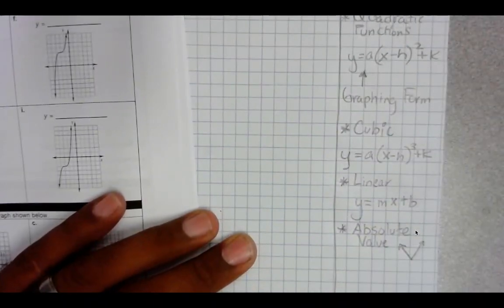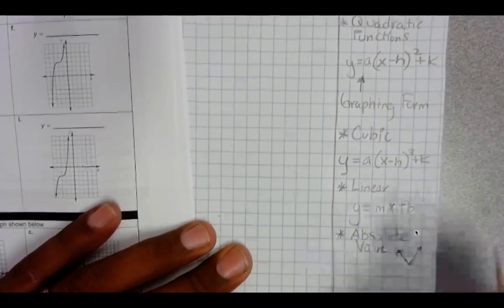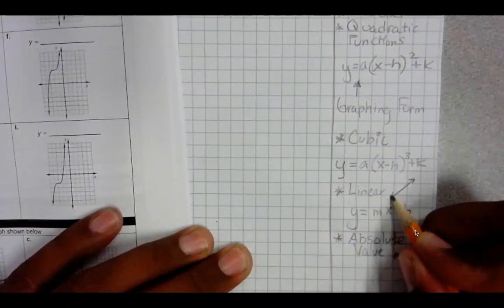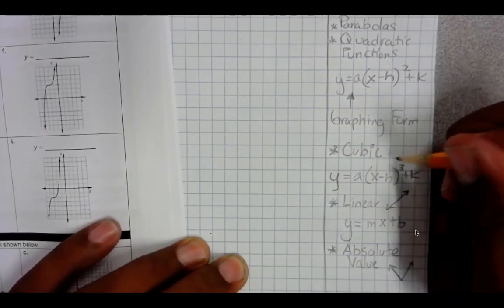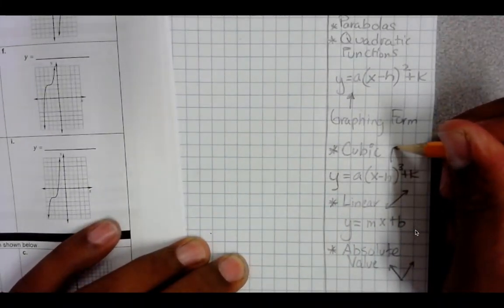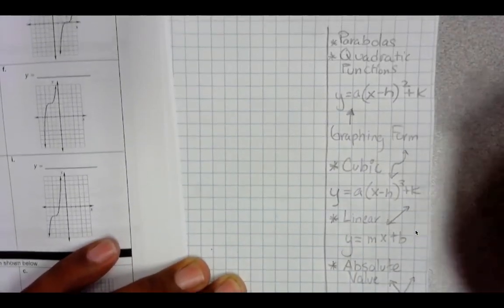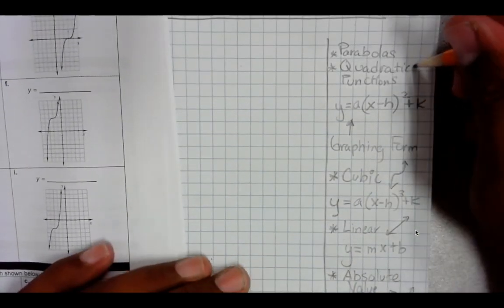It's that guy. It's a V. So let's draw a few little mini graphs here. Linear, straight line. Cubic looks like a half parabola, where half is going up and half is going down. And then quadratic is just the parabola, the U.